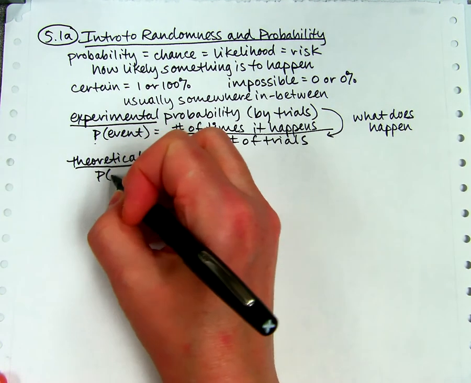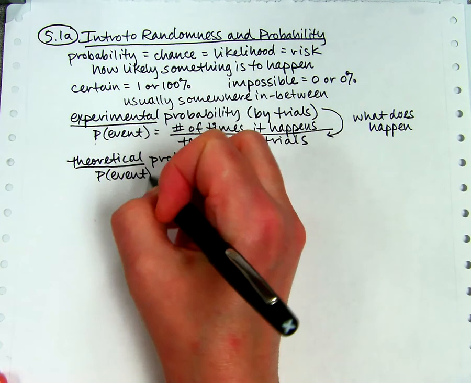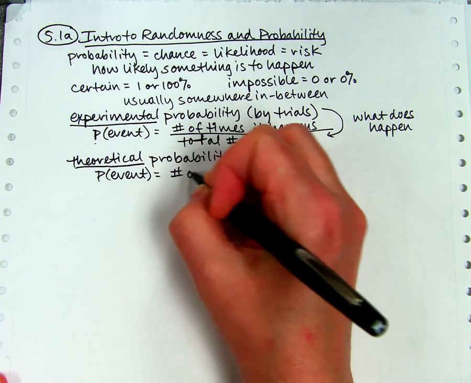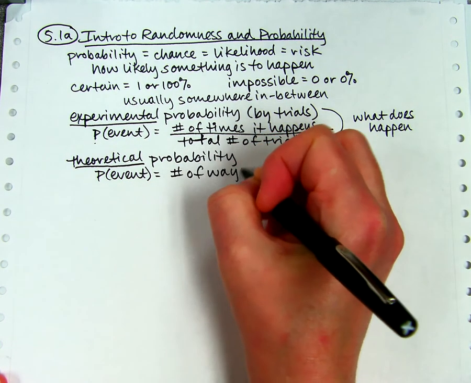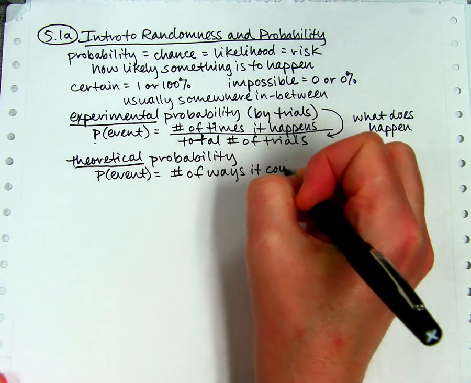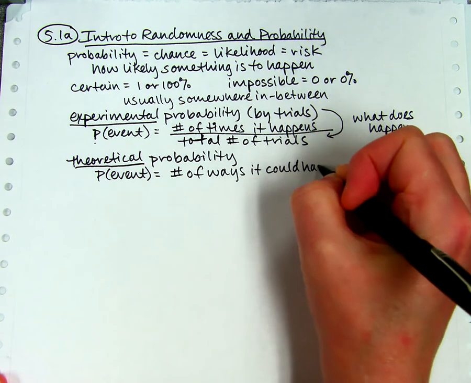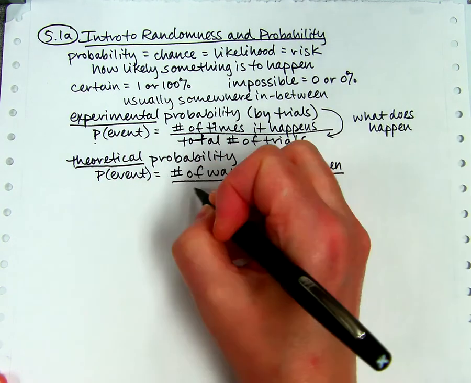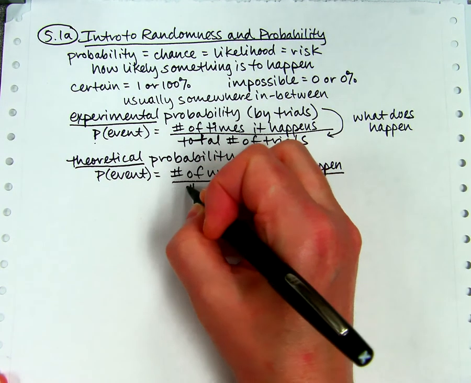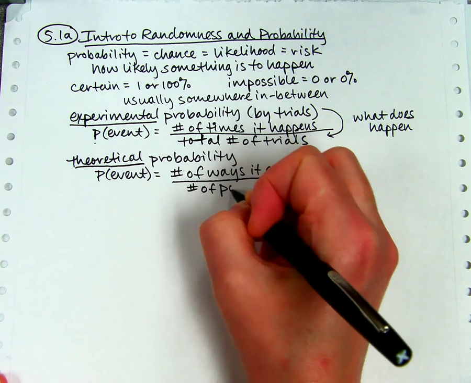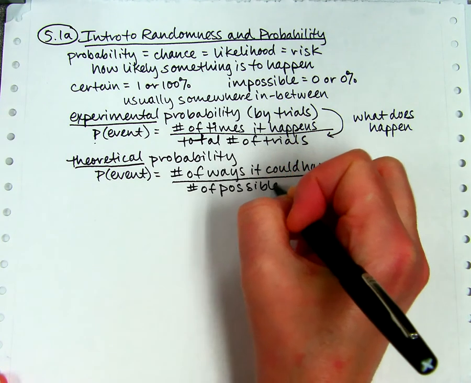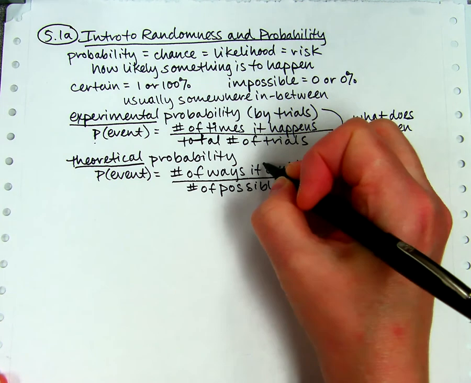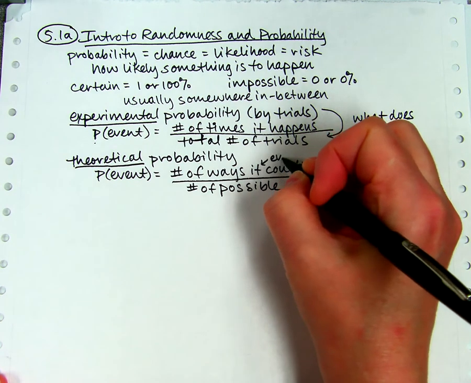So in that case, the probability of an event would be the number of ways it could happen divided by the number of possible outcomes. And when I say event, I'm talking about the event that we're interested in.